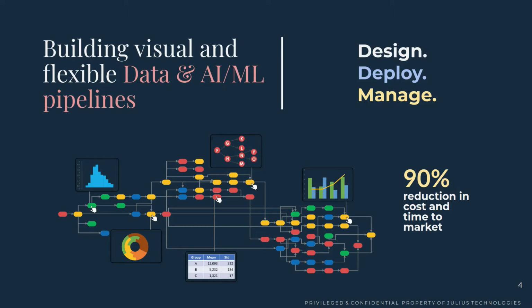Our low-code tools have helped clients create solutions for ML fraud detection, complex data wrangling, and data ops at a fraction of the cost and time it normally takes. Companies can now see how their systems work at every step of the way, which makes it so much simpler to understand, develop, and manage.